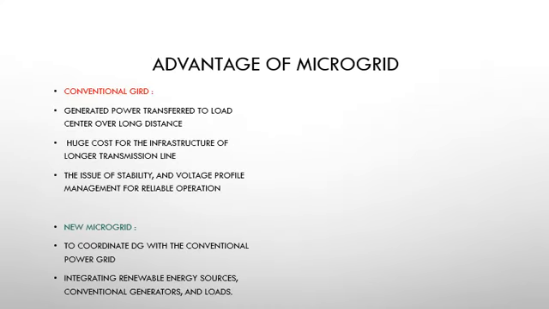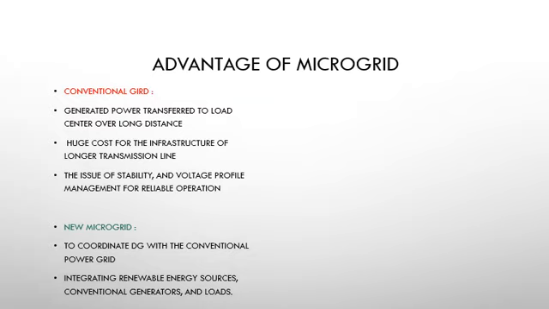For several decades, conventional power generation was transmitted to the load center over long distances. So there was a huge cost involved for the infrastructure development of longer transmission lines.